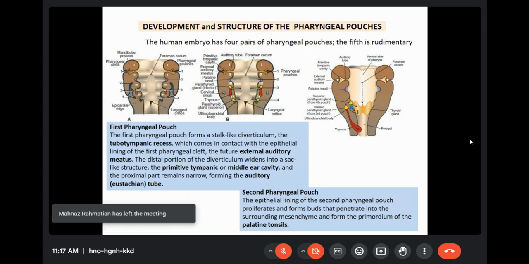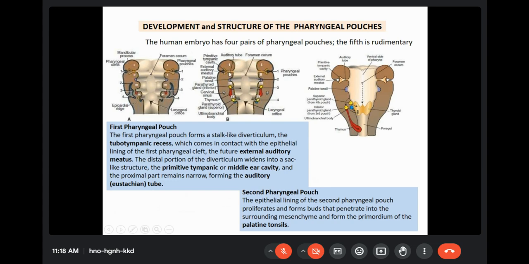Here we see the development of the pharyngeal pouches in detail. So pharyngeal pouches are the outpocketings of the embryonic endoderm of the gut. So here is the gut of the embryo. The first pharyngeal pouch forms a stalk-like diverticulum outpocketing which grows towards the first pharyngeal cleft.